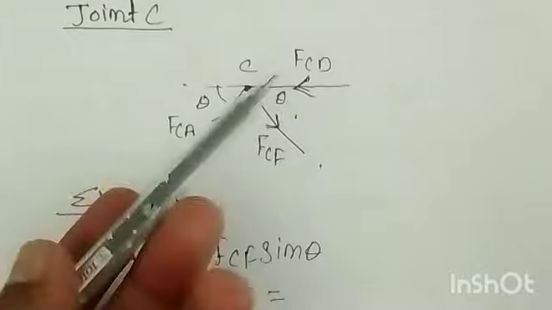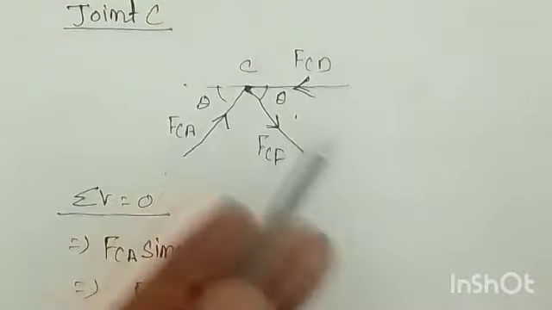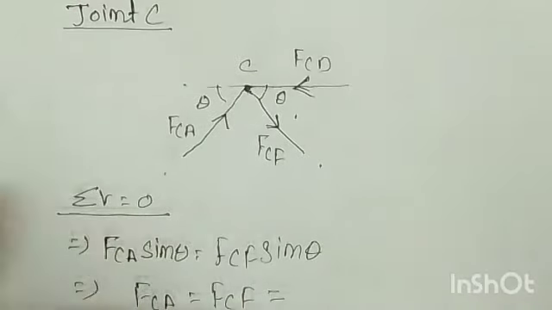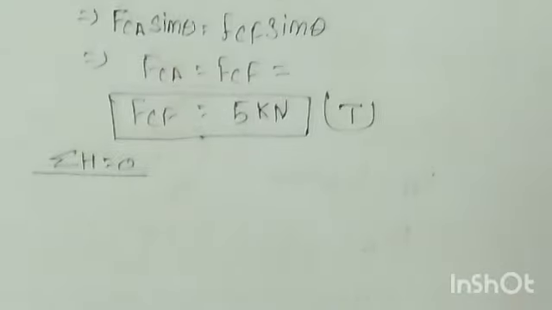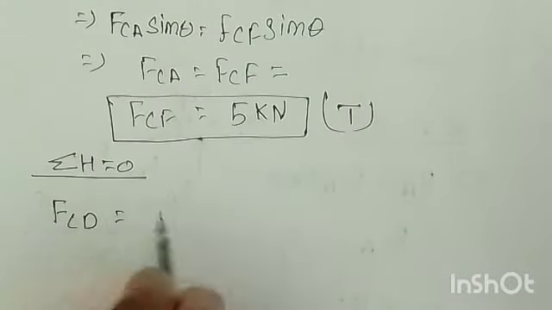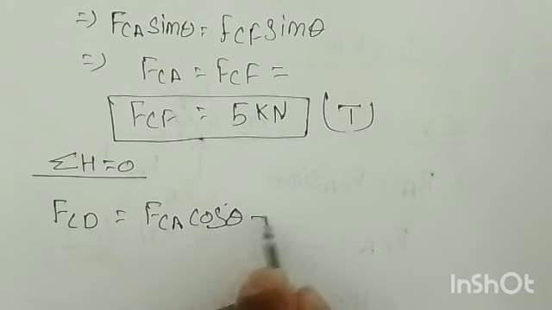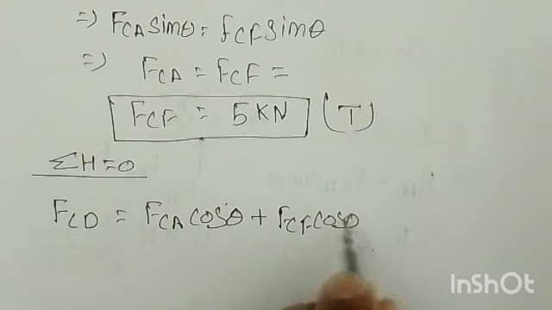It is an arrow like this, so its horizontal component will go right. It means that these two forces are added and this will be balanced, that is, this will go left side, right? So now you can say FCD is equal to FCA horizontal component, cos theta, plus FCF also cos theta, right?